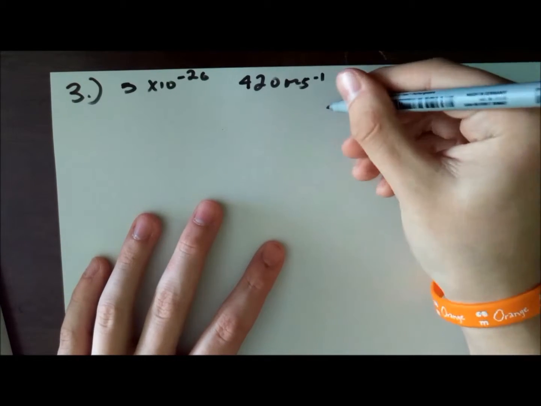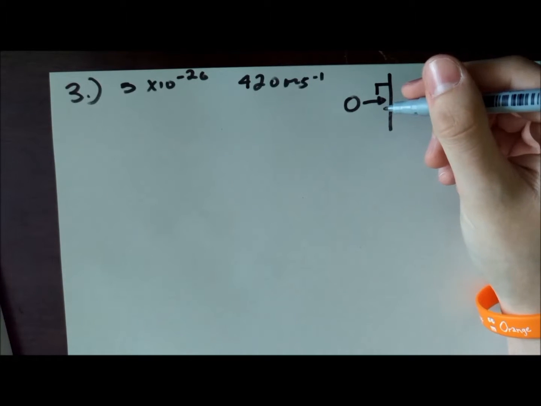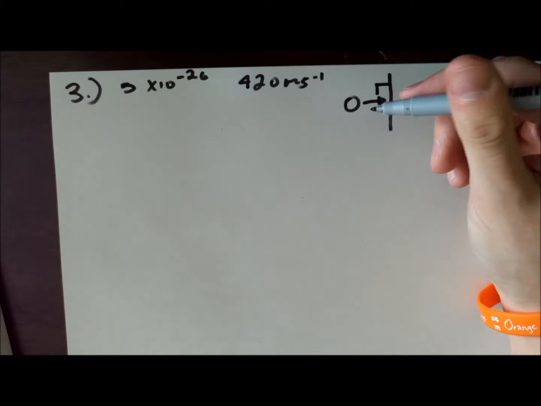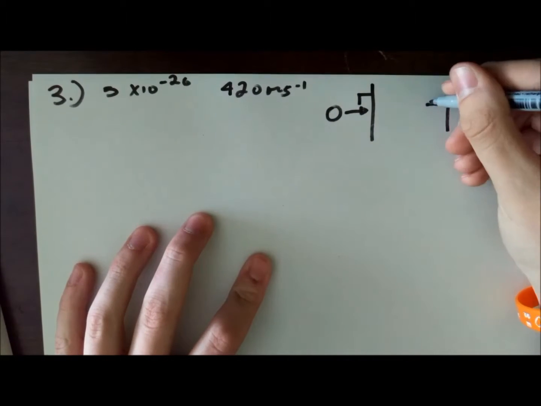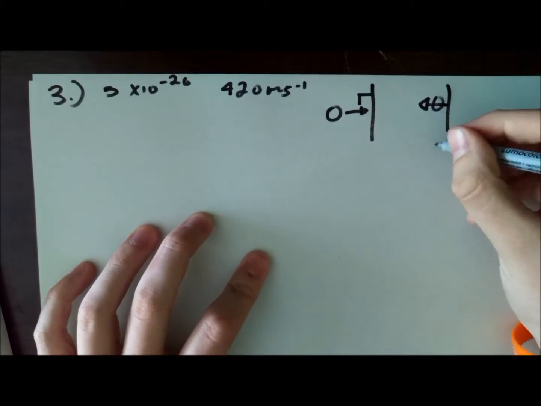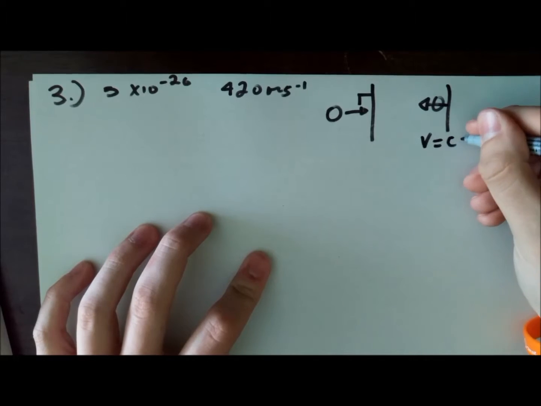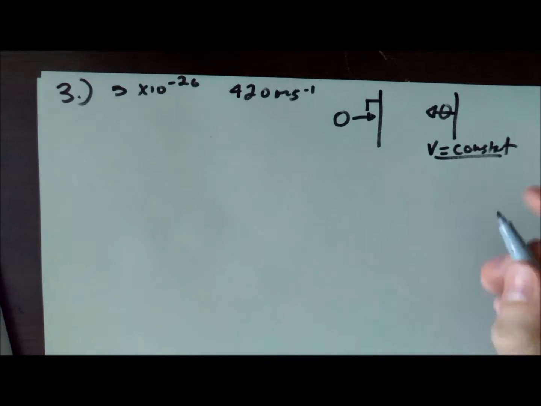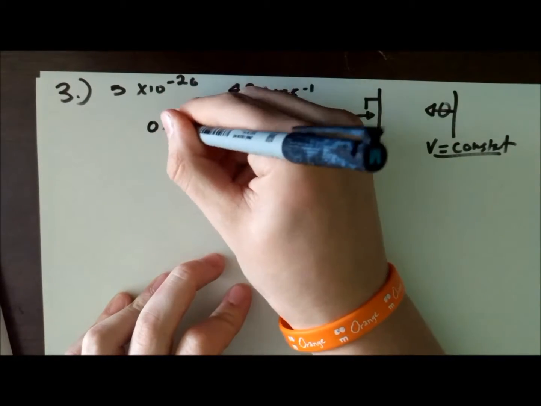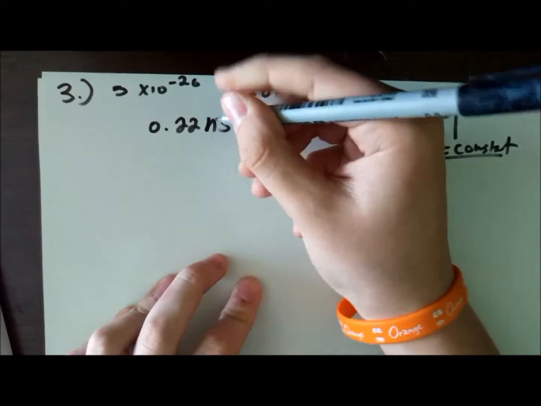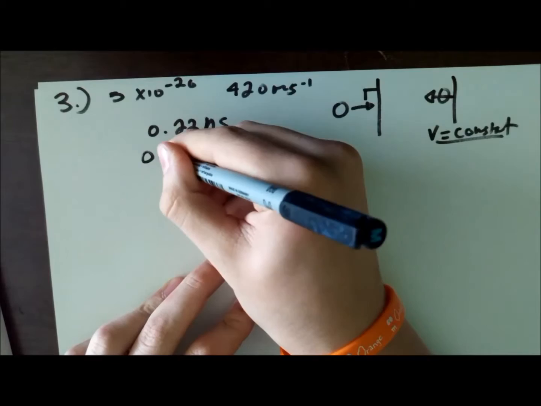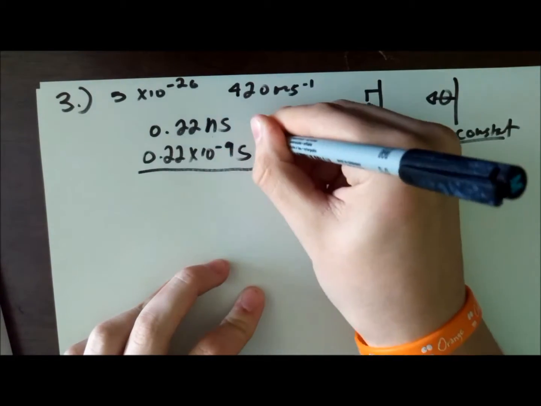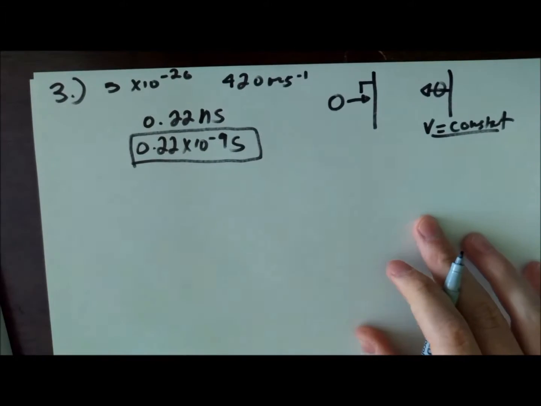It's hitting there, coming back, 90 degrees, right angles, to the surface, and rebounds at the same speed in the opposite direction. So that way. And the velocity is constant in the question. The impact lasts 0.22 nanoseconds, which is the equivalent of 0.22 times 10 to the minus 9 seconds. Got to be careful with these units.